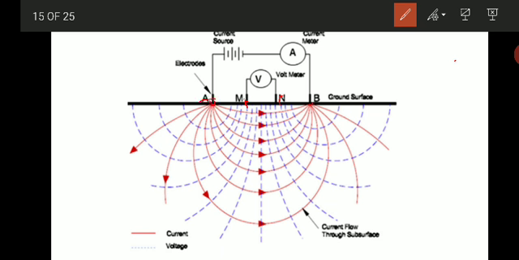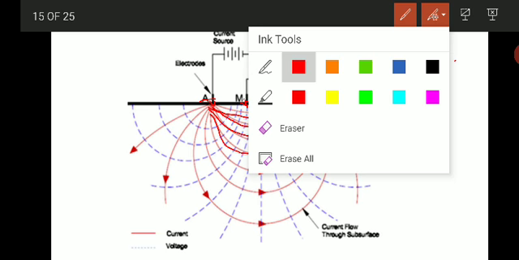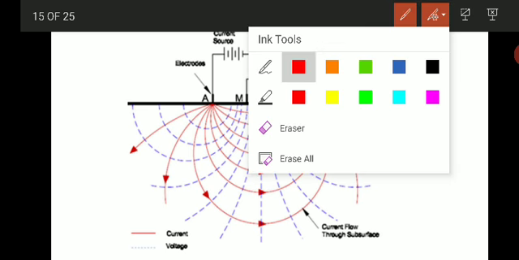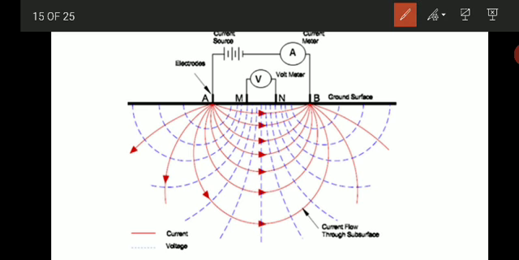There are 2 current electrodes and 2 potential electrodes. When you send the current into the ground, the current moves from the first current electrode to the second, that is from A to B. You can see here the current is moving from A to B. As you increase the spacing between them, the current goes deeper.